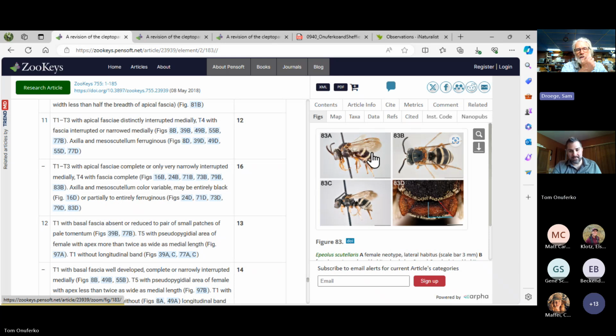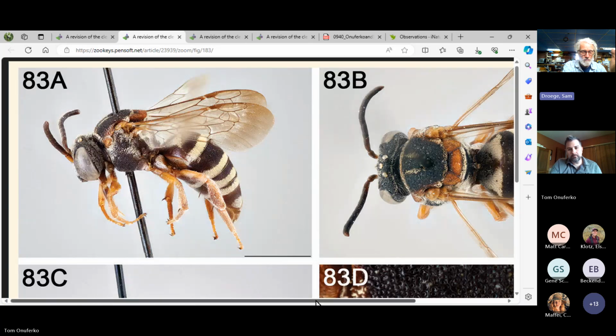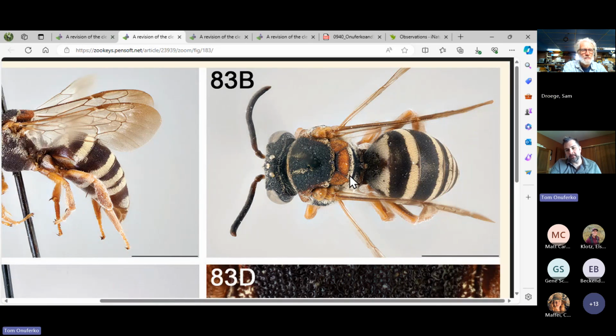Right. So another point: when you are comparing maculations or color patterns in general to pubescent patterns, the pubescence patterns are much more stable within a species. In other words, there is variation, but not nearly as much. Like in scutularis, there's often a lot of red, but you can go from bright red to darker. And in males, the mesoscutellum is often entirely black, and much of the axillae are as well.